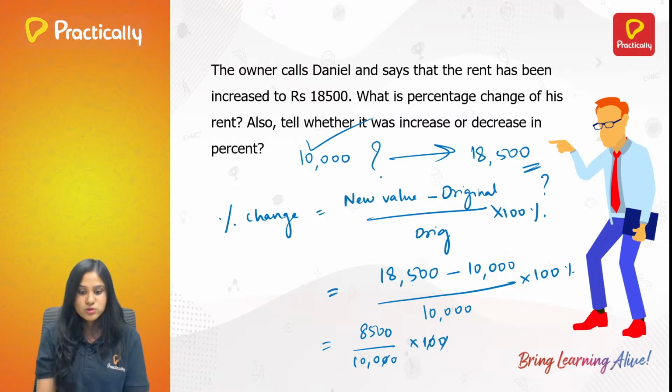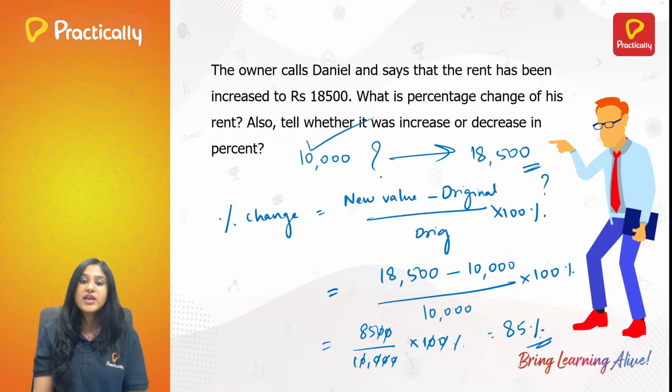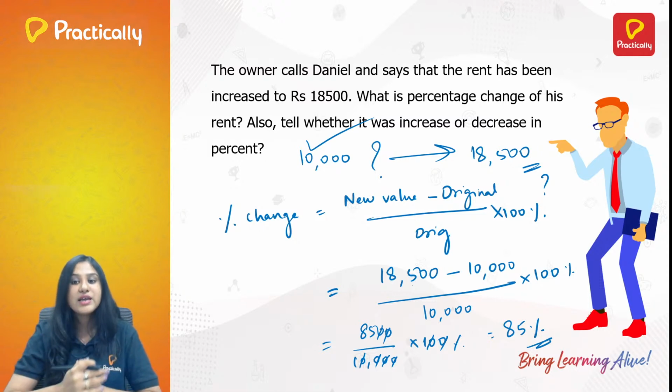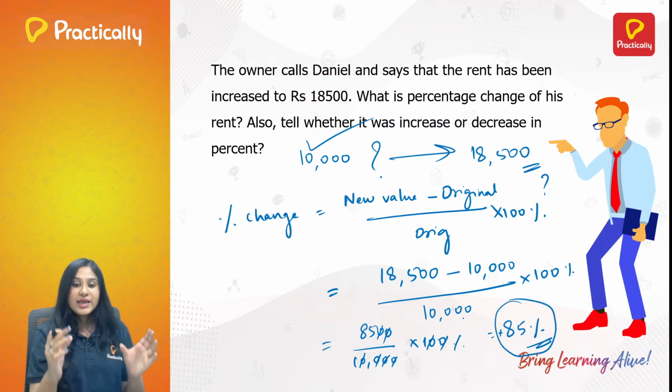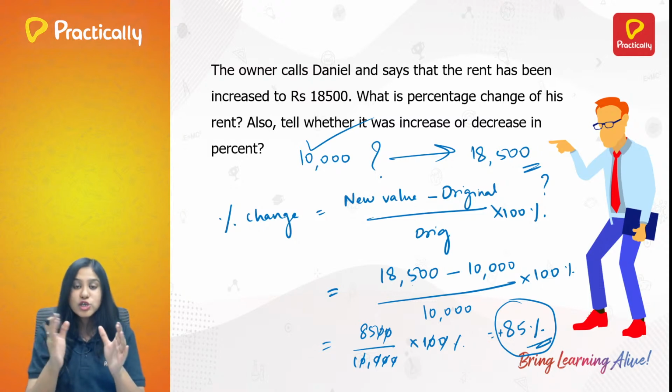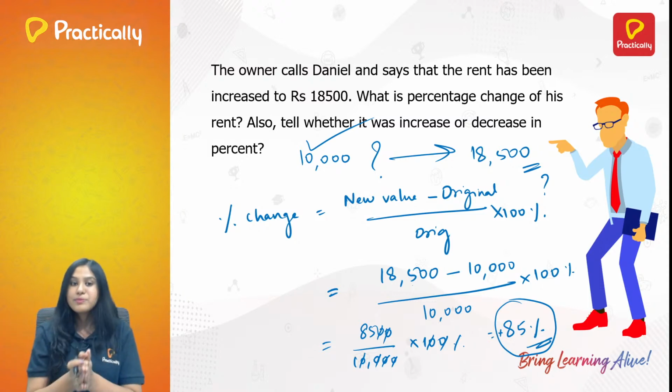It is nothing but 85%. So we can easily say that there was increase of 85%. Why? Because here we got a positive 85%. If we get the percentage change in negative, it means that there is a percentage decrease.